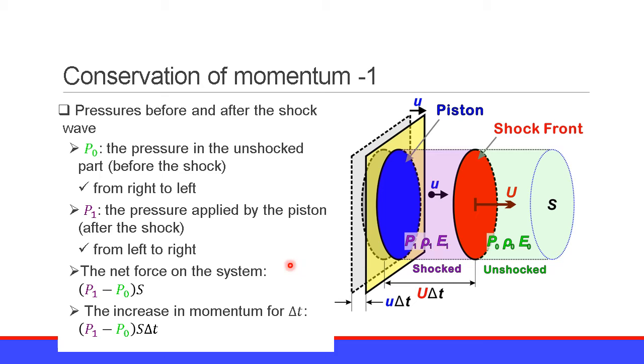Then the net force on the system, P1 minus P0, applied per unit area, is equal to the increase in momentum per unit time.